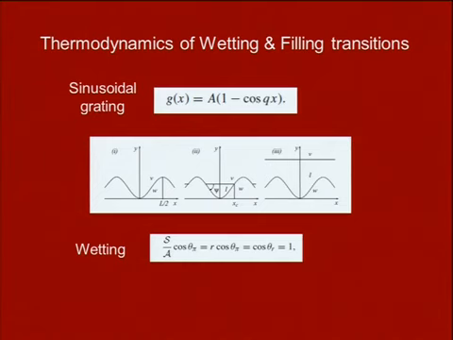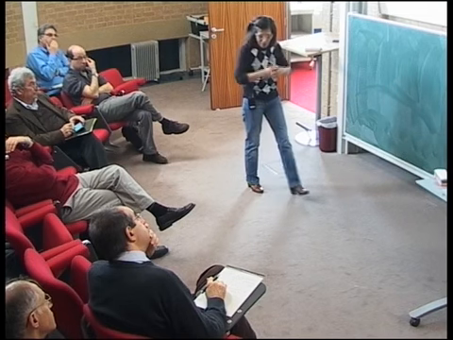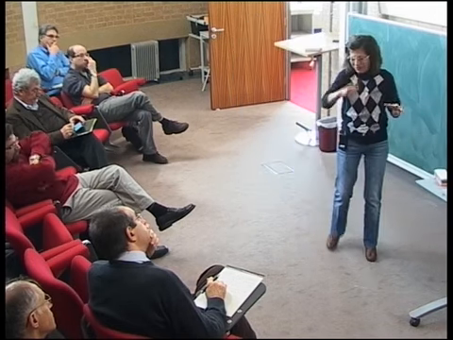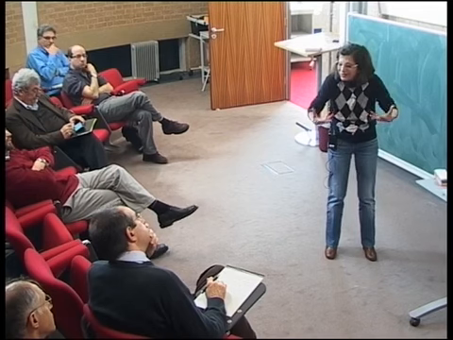Of course the surface area is bigger than the projected area, and I'm going to call that ratio R. There's an old equation by Wenzel that says basically that if you have a surface that likes to be partially wet, so the droplet spreads but not completely, the excess surface will enhance this effect.